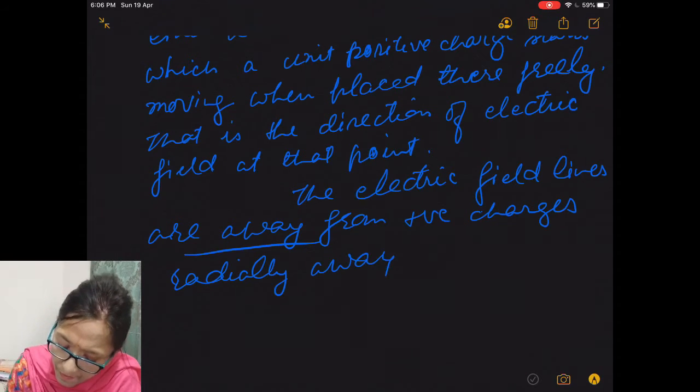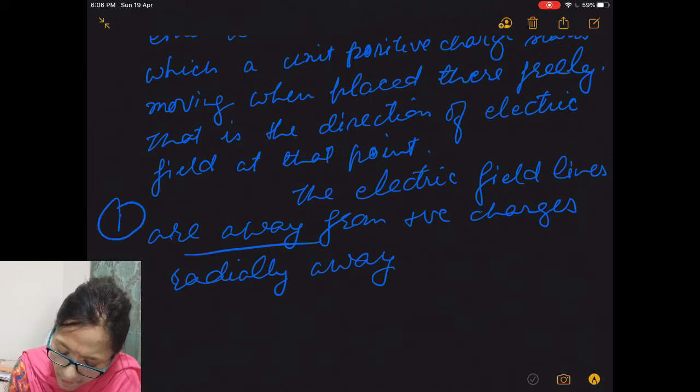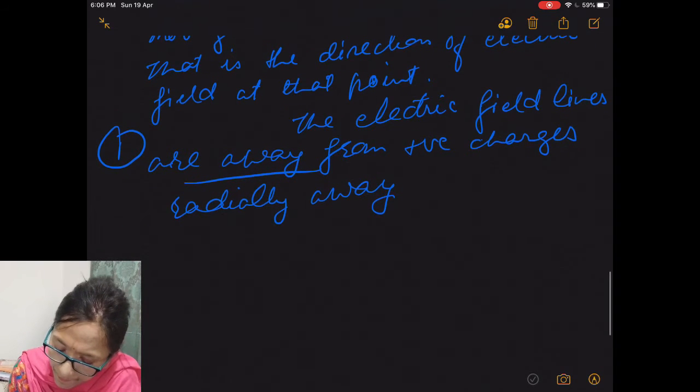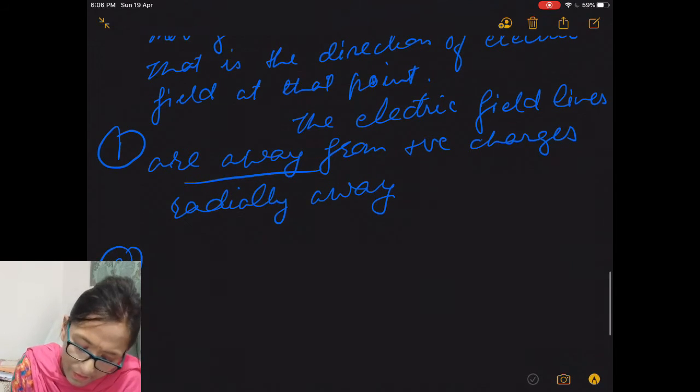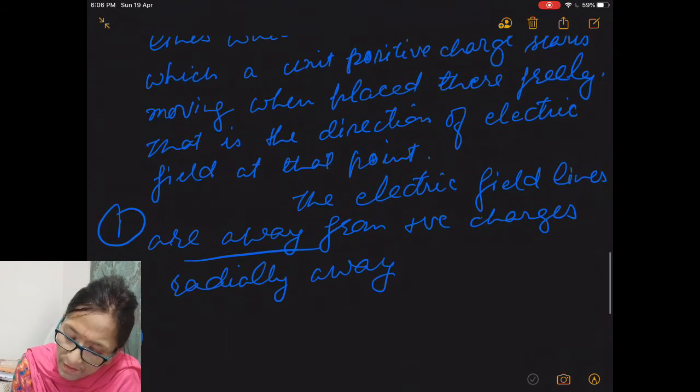Radially away. This you can take as first property.